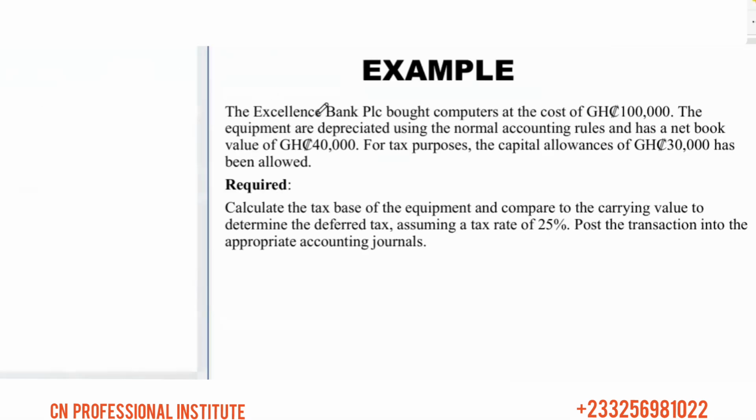Right. So it says the Excellent Bank PLC bought computers at a cost of 100,000 cedis. The equipment is depreciated using the normal accounting rules and has a net book value of 40,000. For tax purposes, capital allowances of 30,000 cedis have been allowed.